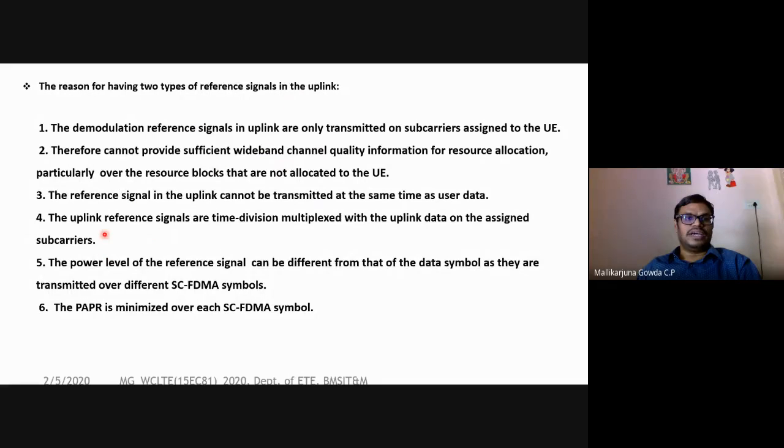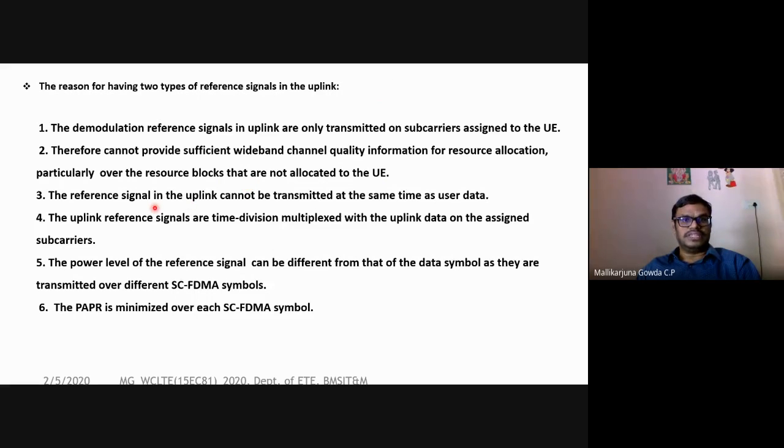Unlike the downlink, the demodulation reference signals in the uplink are only transmitted on subcarriers assigned to the user equipment, and therefore they cannot provide sufficient wideband channel quality information for resource allocation, particularly over the resource blocks that are not allocated to the user equipment. So for that reason, we have two reference signals in the uplink.